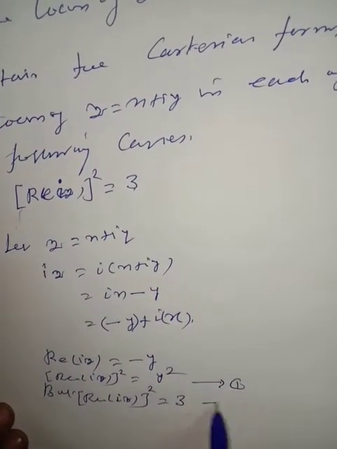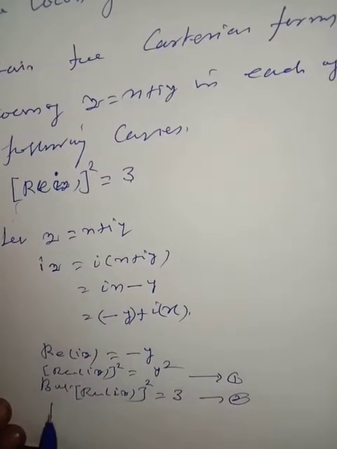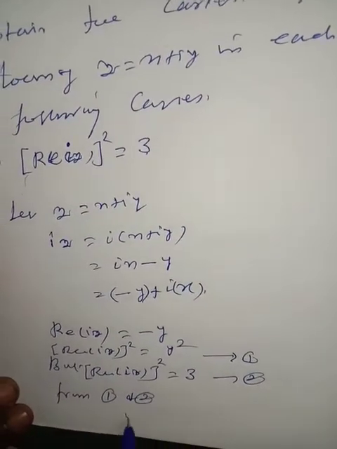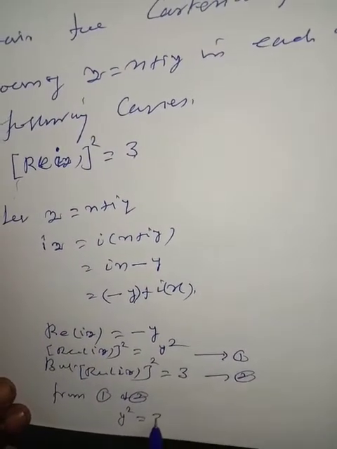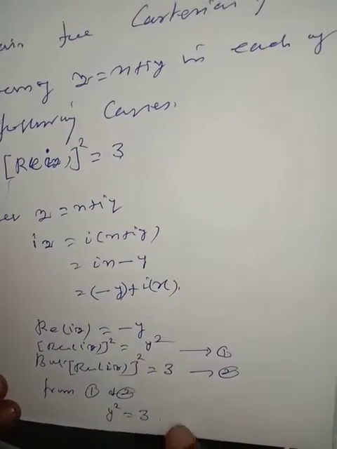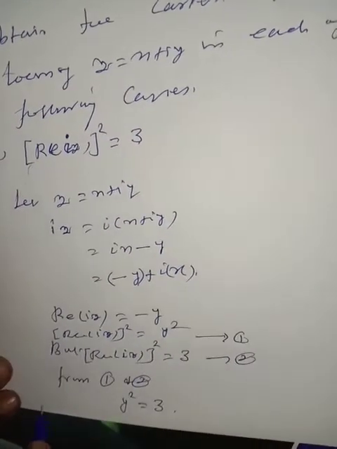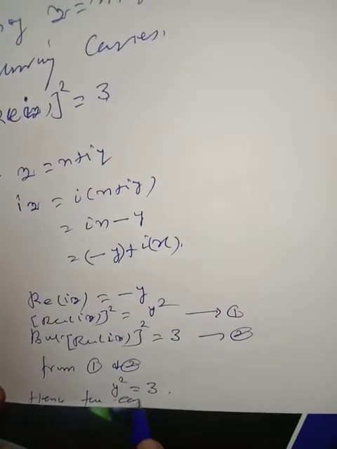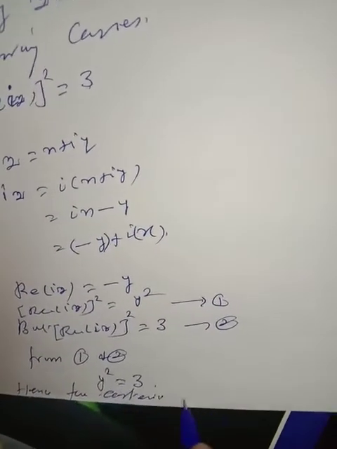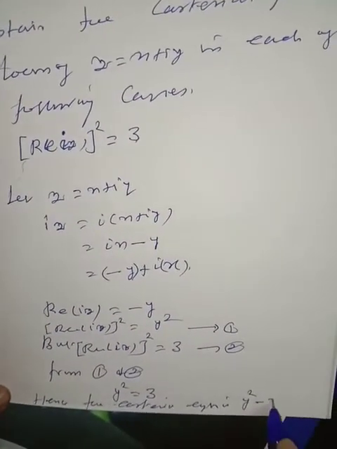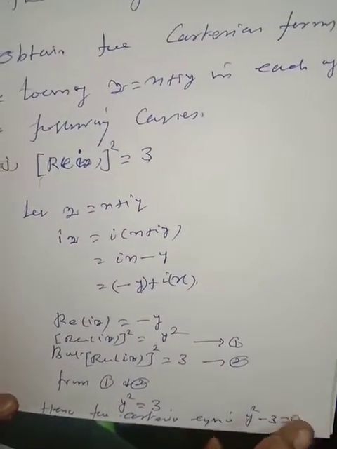Therefore from 1 and 2, y² = 3. This is the Cartesian equation. Hence the Cartesian equation is y² − 3 = 0.